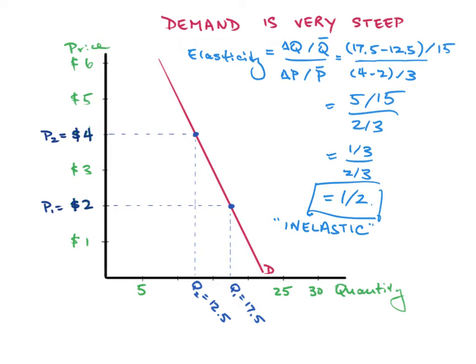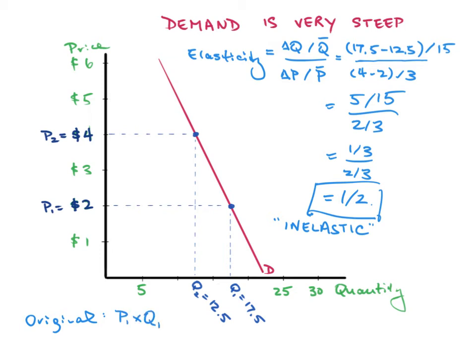Okay, and I'm going to do the same calculations for revenue. It's going to be the case that revenue increases. So original revenue was P1 times Q1.